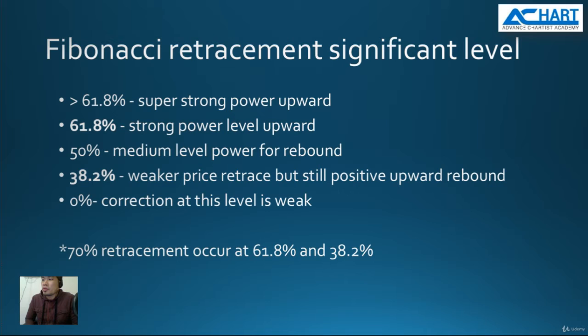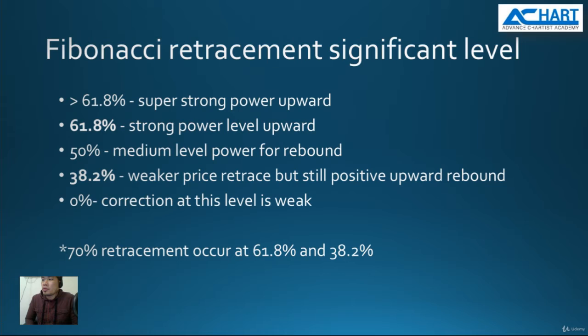If the stock is at the 61.8% level of retracement, the consequent rebound would have a strong power level upward. It means that it has a high chance to go upward and reach its target. If it goes to 50%, it is a medium level power for rebound.